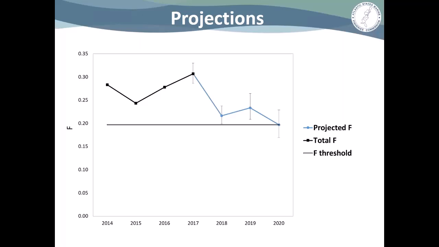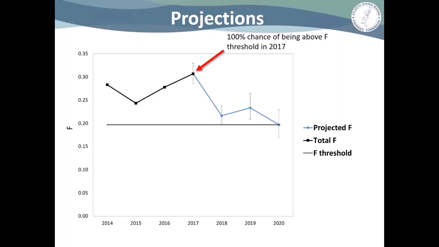Here's our F estimates coming out of the stock assessment. I cut that time series off, and you can see in black, that's what the stock assessment said was happening. And then in blue, we're projecting forward under reduced catch, and so that F is coming down, but it's coming down with some uncertainty. That's actually probably really hard to see on this screen, sorry. But basically, you can see at the beginning, we've got 100% chance of F being above the F threshold in 2017.